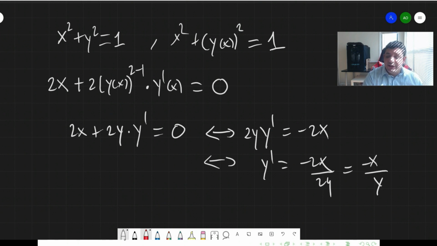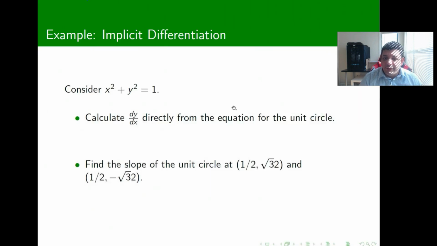Okay, and so now this gives a value for the derivative in terms of x and the function y. So going back to this situation, if I use the point 1/2, notice that y is going to be square root of 3 over 2. This is a typo here.